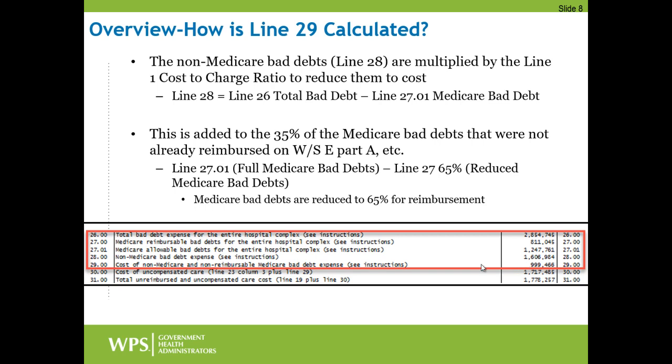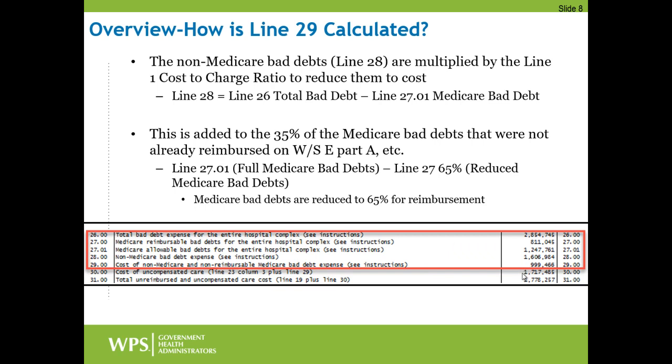Plus we're adding in the non-reimbursable Medicare bad debt expense, that 35% of the amount that was on line 27.01. Another way of looking at it is it's line 27.01 minus line 27. So that's what we have there. That's the underlying cost on line 29.